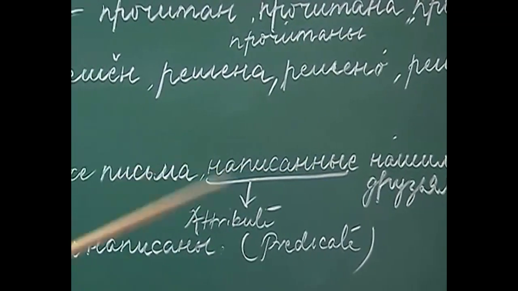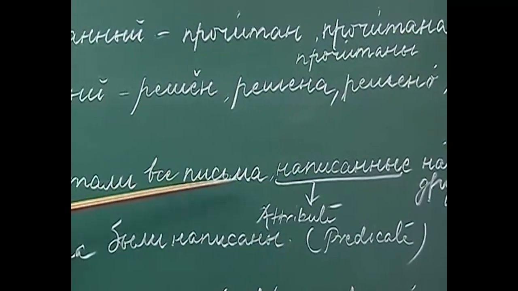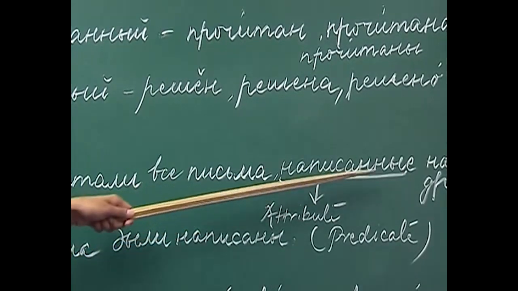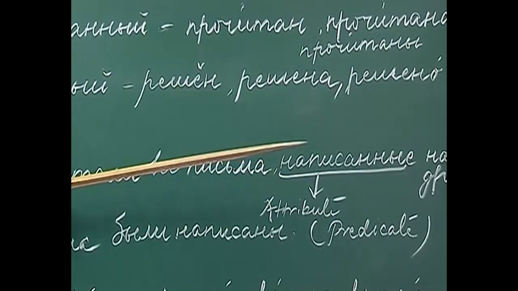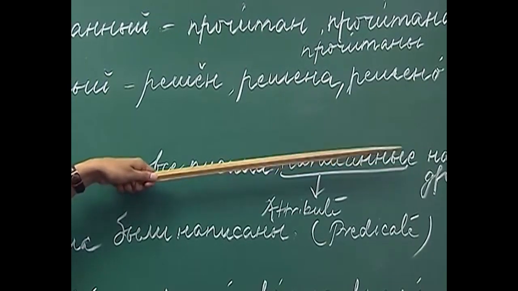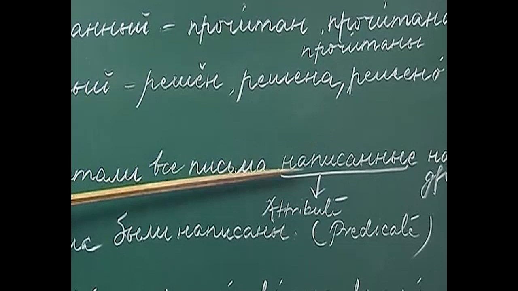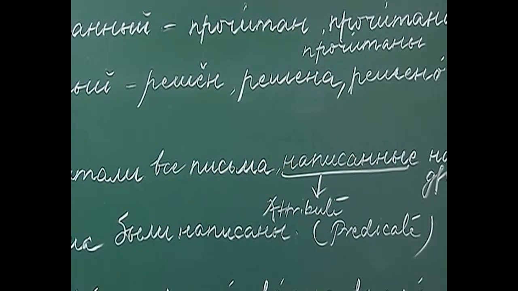So, here as you can see, this napisanniye qualifies the noun pisma. So, it is functioning as an attribute to the noun or like an adjective. So, here the full form of the past participle passive functions as an attribute or it functions as an adjective.